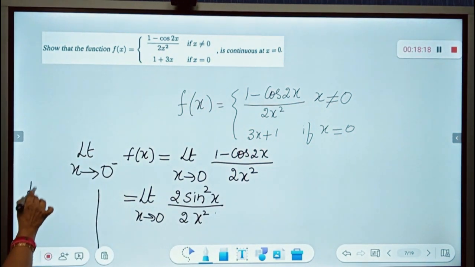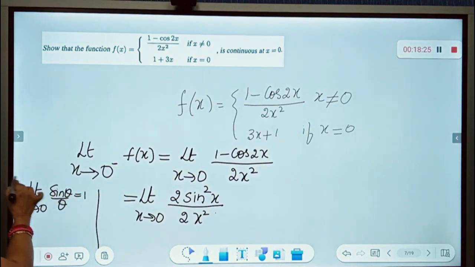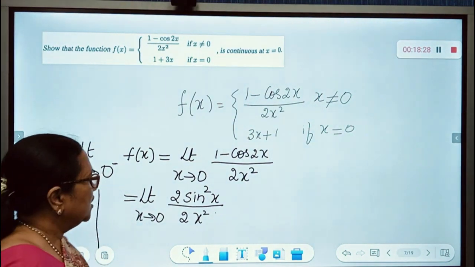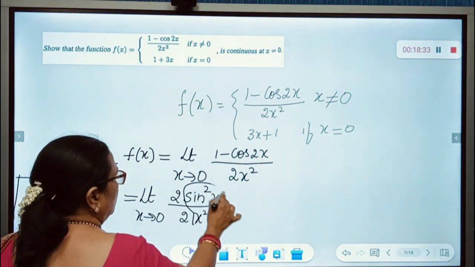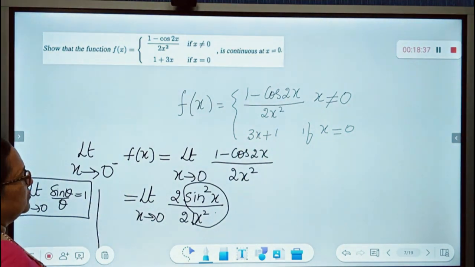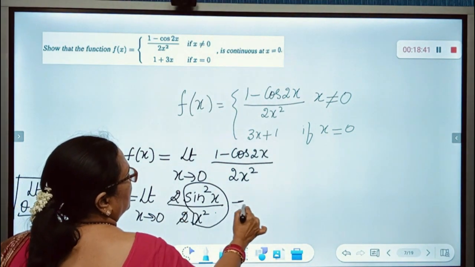Remember, the limit as theta tends to 0 of sin theta by theta equals 1. This is a property of limits which you would have definitely studied earlier. So by using that property, this will become 1, and these two get cancelled, giving you 1.